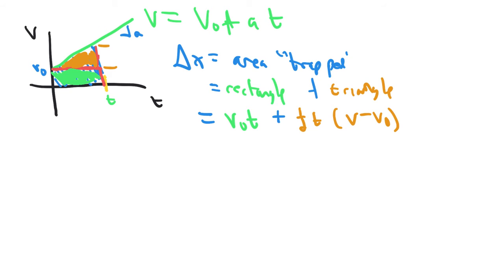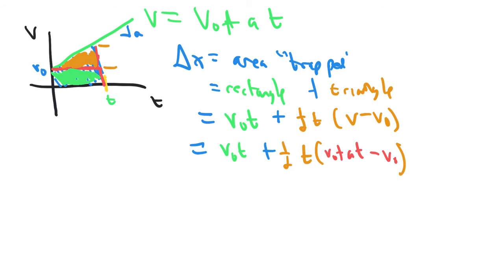A couple of things go on with that. Let's keep going. V0T plus 1/2 times T times a thing, which itself, V minus V0, is V0 plus AT minus V0.